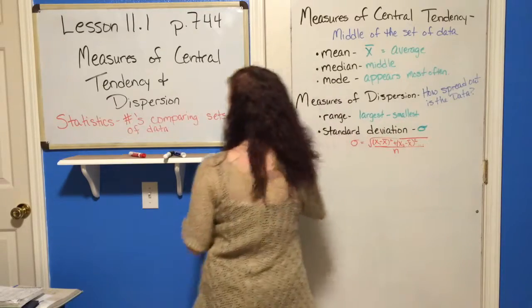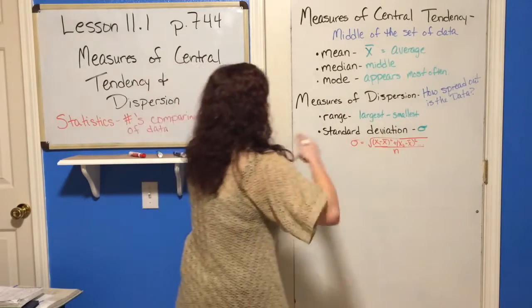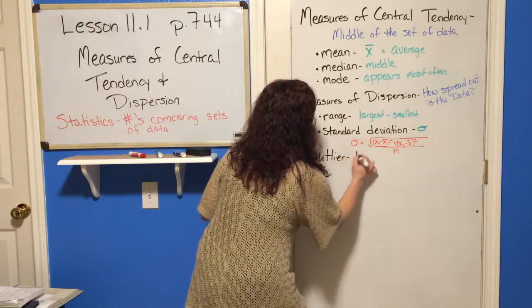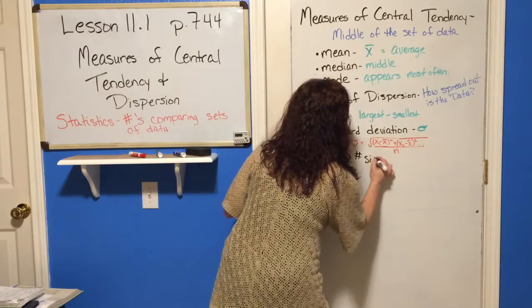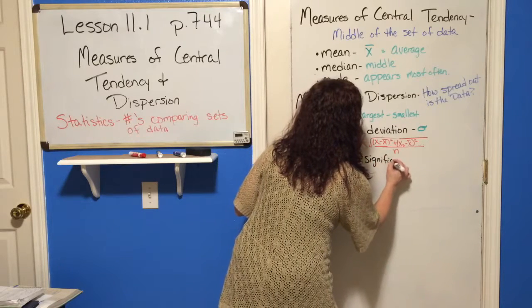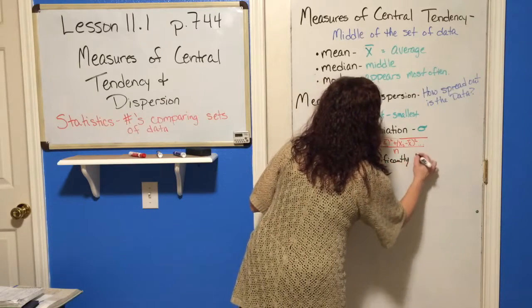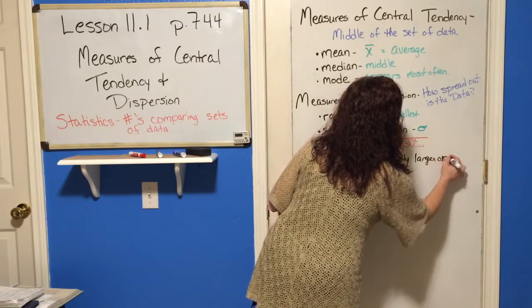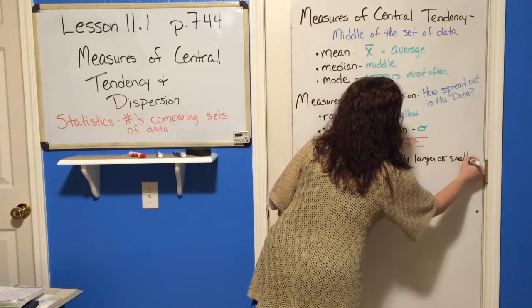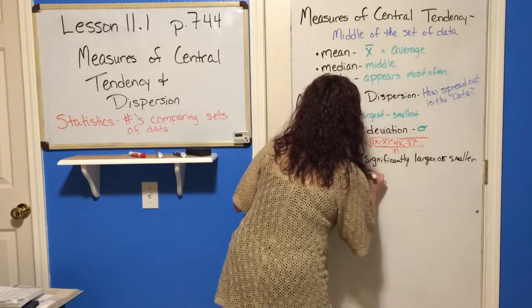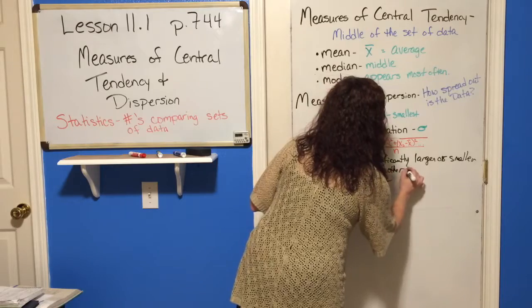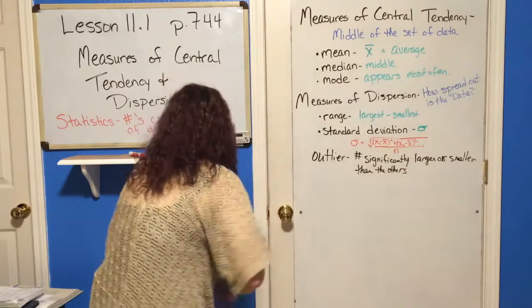Okay, so you may want to add that to your definitions. Outlier. Number significantly larger or smaller than the others.